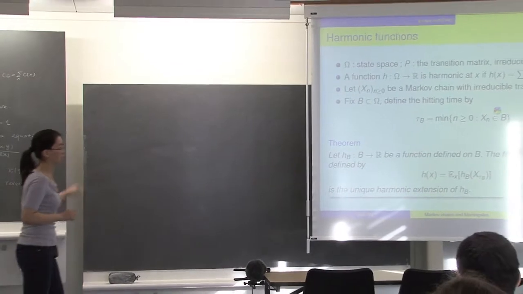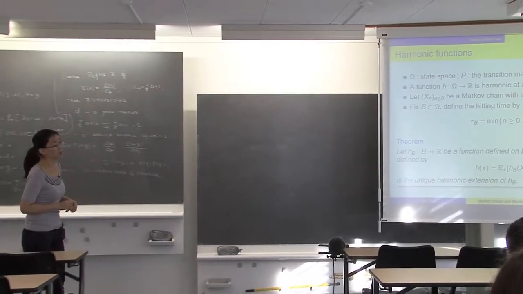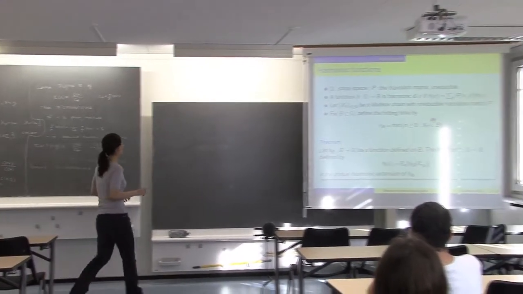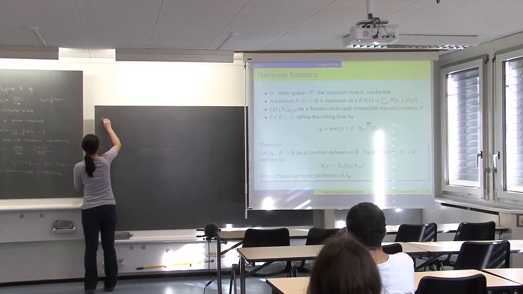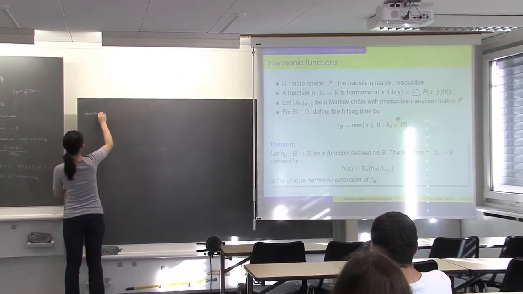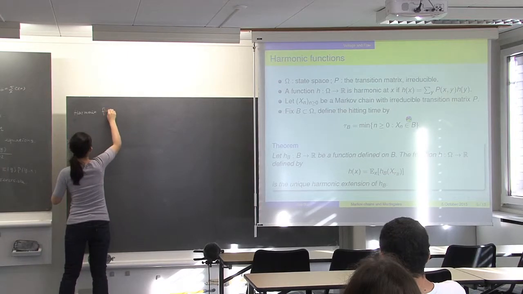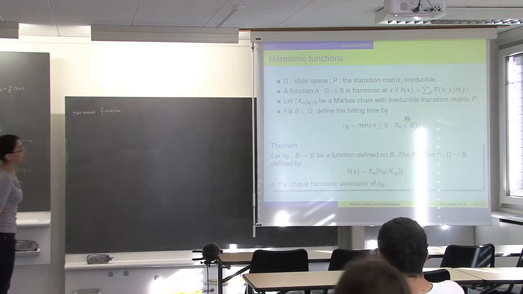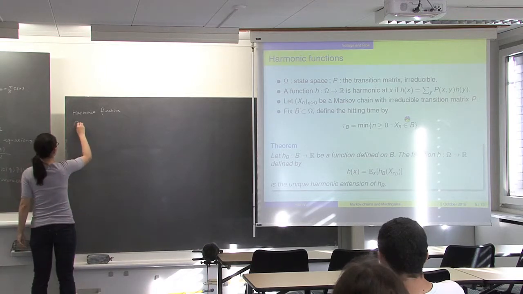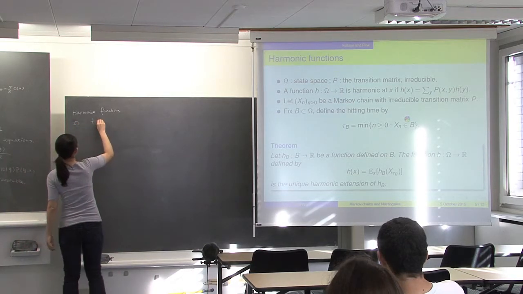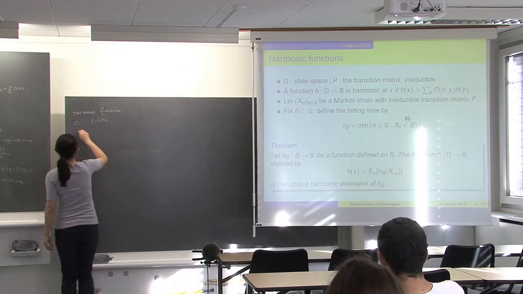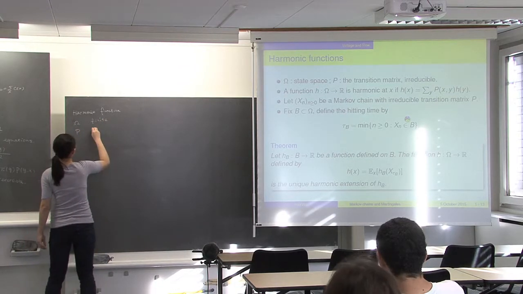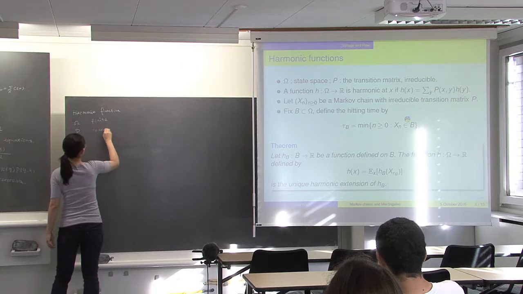Before we introduce what is a voltage, we need to introduce a related notion. It's called harmonic function. So here, just to introduce several notations. Our state space is always finite. And now P is the transition matrix.